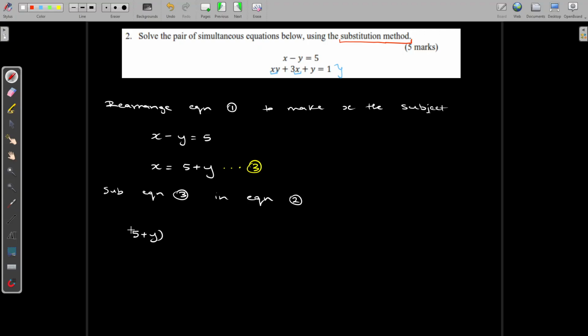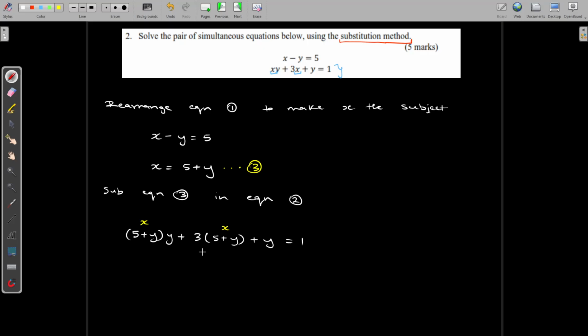So 5 plus y, and that's going to be multiplying y plus 3 times 5 plus y is equal to 1. So anywhere we have 5 plus y here, we could look back at the original question and realize that there was an x there, because we said that x is equal to 5 plus y. So that's where we would need to substitute the values of x.